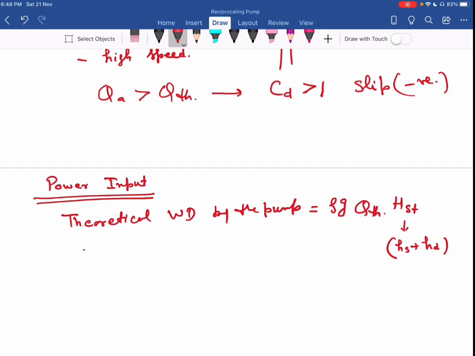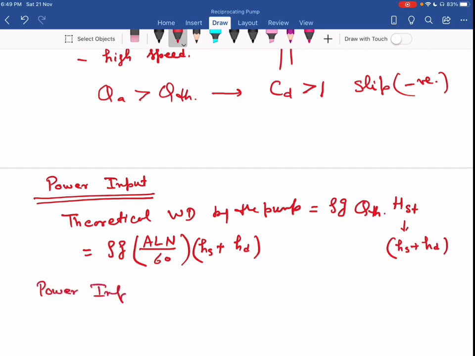So this formula I can again write as rho G, and my QTH for a single acting pump is ALN divided by 60, into HS plus HD. So this is the work done by the pump, which is equal to the power input to the pump: rho G ALN divided by 60 into (HS plus HD).